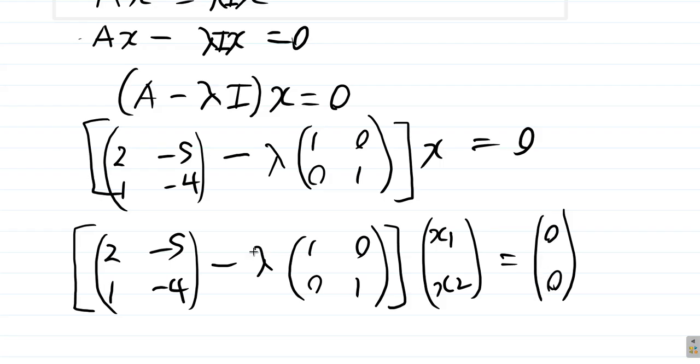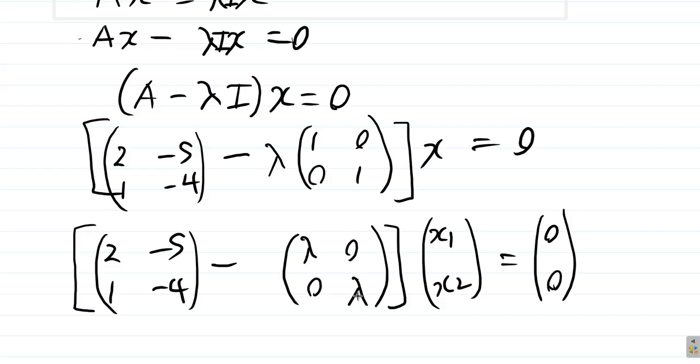Now, here, if you multiply lambda by what is in the bracket, you're going to get lambda 0, 0, lambda. You see that? So, might as well just do it from now. It's lambda 0, 0, lambda.